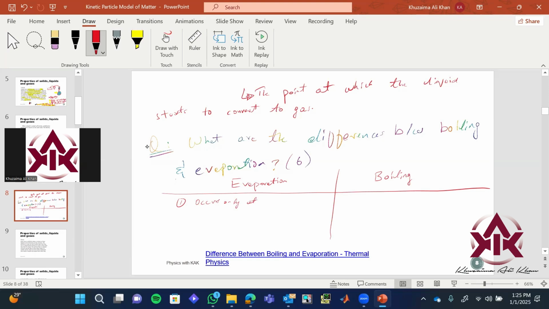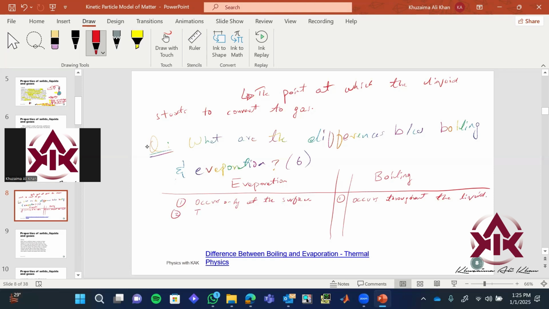And for boiling, the first one is it basically occurs throughout the liquid.